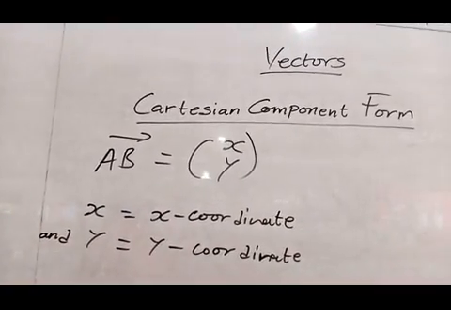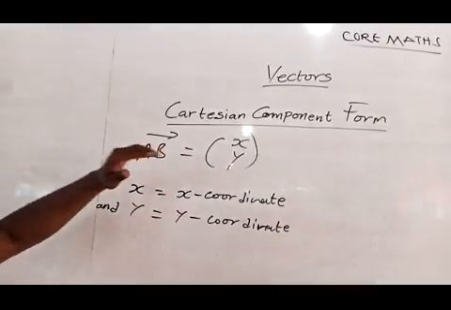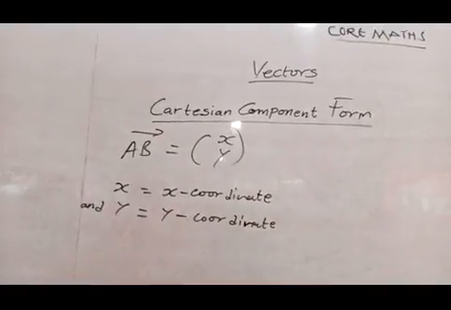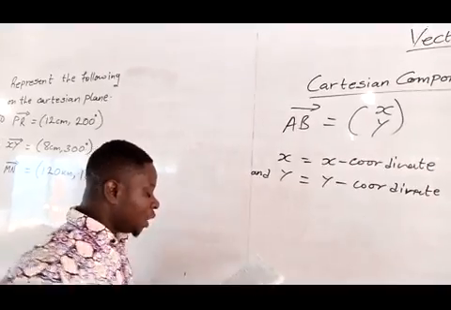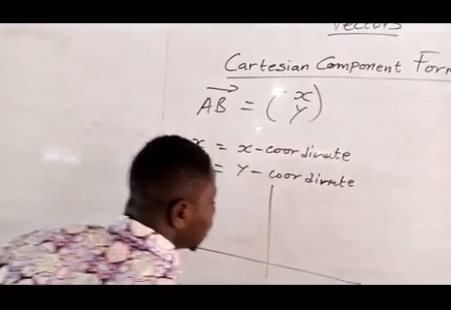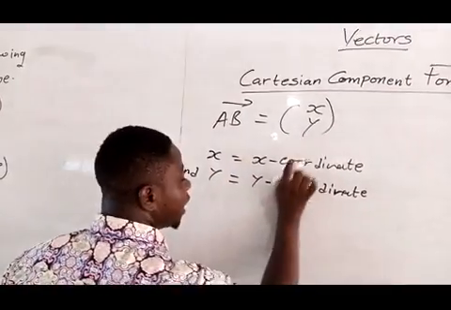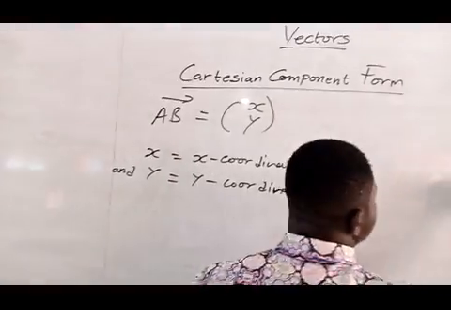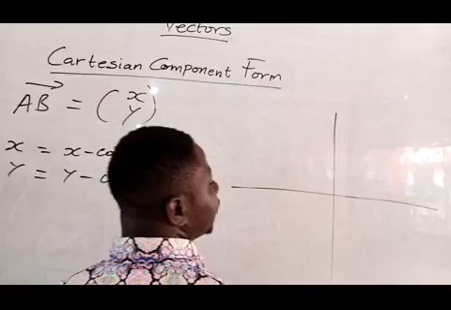Now, to be able to go through how to write the vector in the Cartesian component form, there are a few things you need to take note of. Taking the Cartesian plane, there are 4 quadrants.